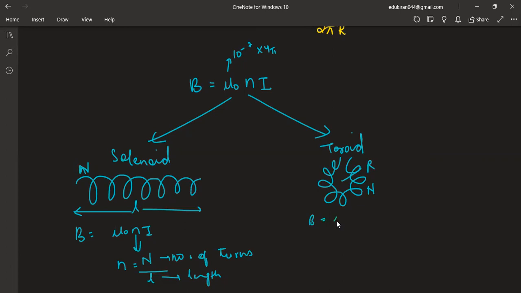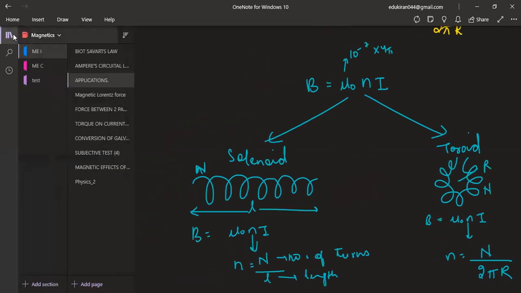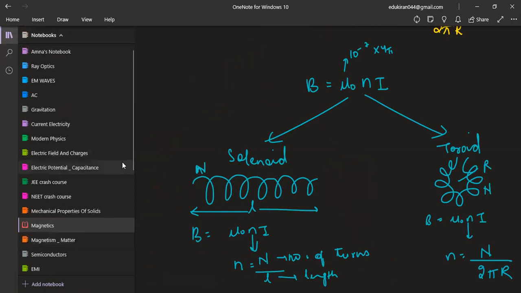So B is equal to mu naught n I here also, but the value of small n is number of turns per unit length. And what is the length of a circle? Circumference, so 2 pi r. This is just the difference and this is what you have to remember. I hope all these portions are clear. The rest of the portions we'll see tomorrow.